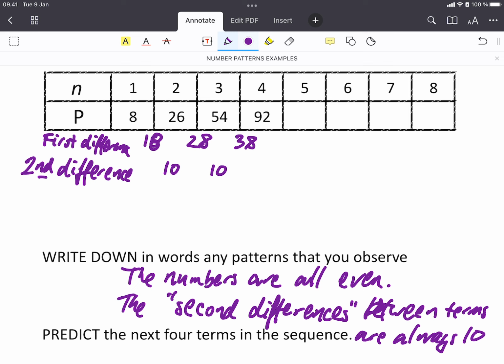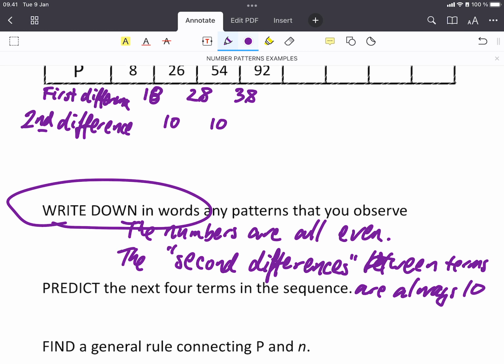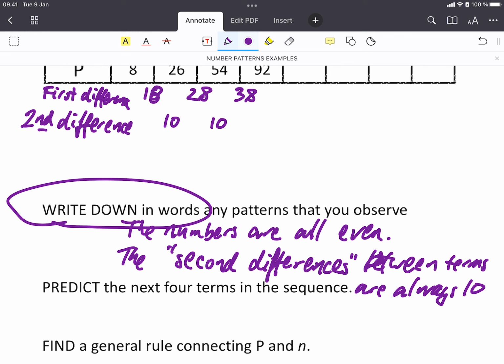But the key to that is that it's got to be in words, in plain language, and avoiding any sort of algebraic notation or terminology.